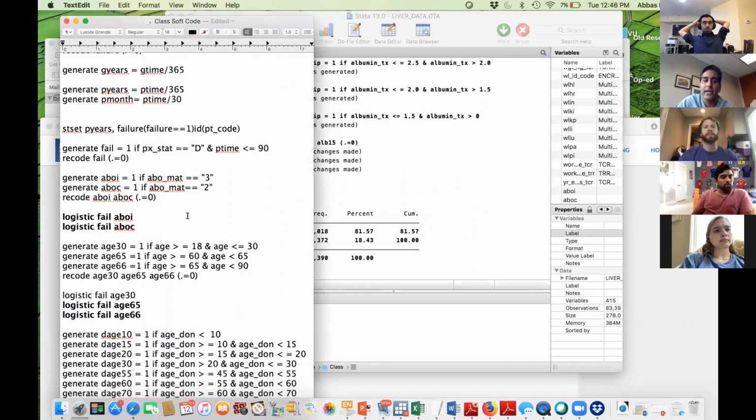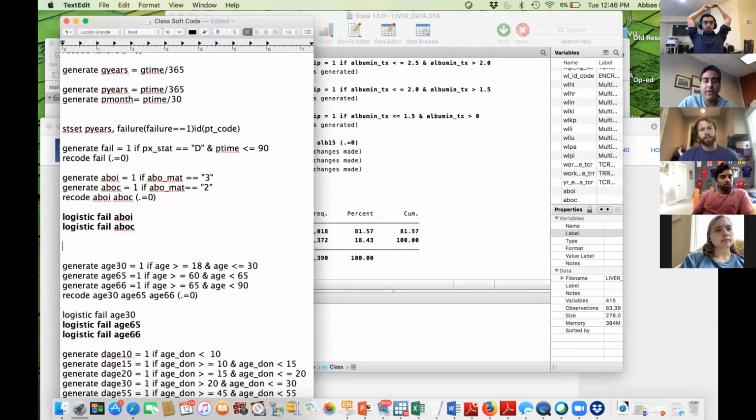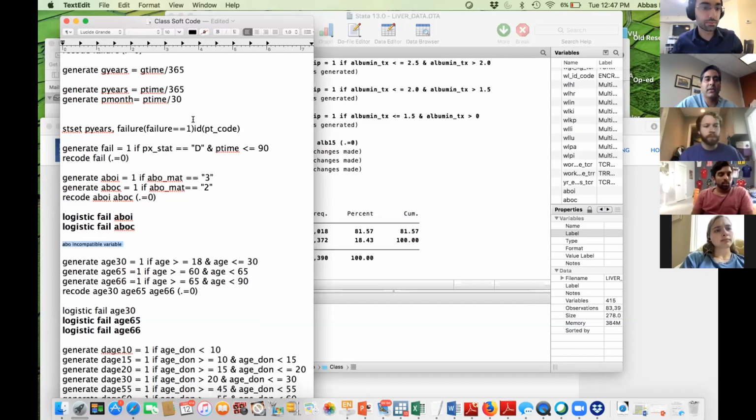Not necessarily, but sometimes, for example, they would write ABO incompatible, compatible variable, whatever you want, and you could change the font, the size, or the color of it. Yeah. And that becomes a note, and the computer won't pick it up because it's not written in the language, right?